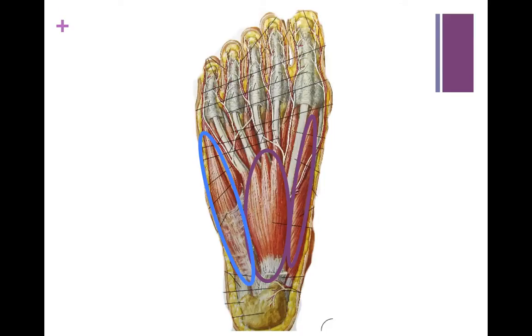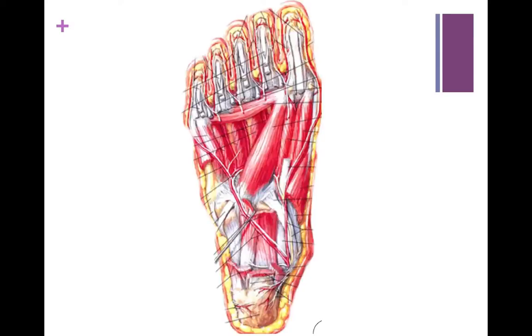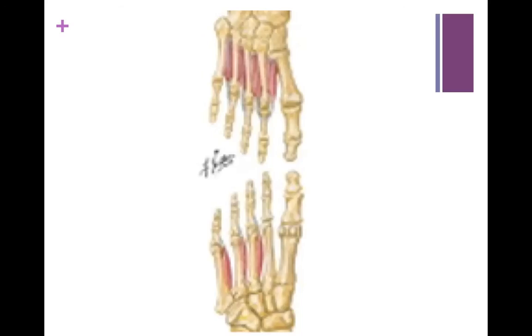The other areas that can be affected by the plantar fasciitis include the second layer, which includes the quadratus plantae and the lumbricals. The third layer can also be affected, and it includes the flexor hallucis brevis, the adductor hallucis, and the flexor digiti minimi brevis. Plantar fasciitis can even affect the deepest layers of the foot, the 4th layer, which includes the dorsal and plantar interossei.